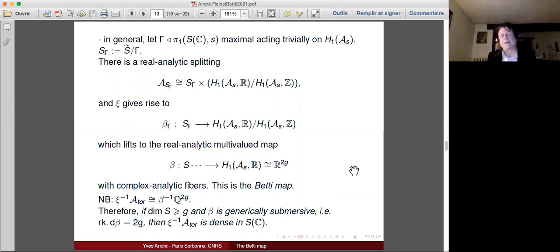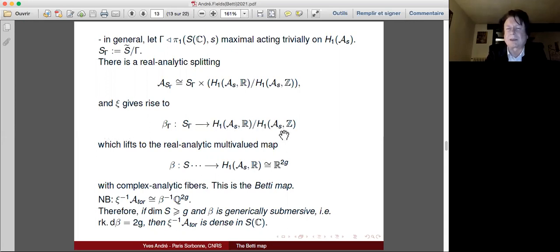Then on S_gamma, there is a real analytic splitting of the abelian scheme pulled back to S_gamma, like this: S_gamma times something constant, and the section is given in this decomposition by some map beta_gamma from S_gamma to this torus.